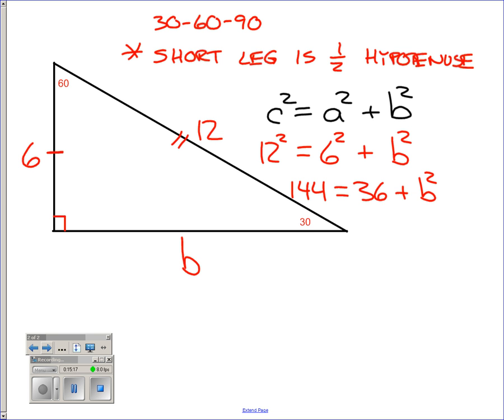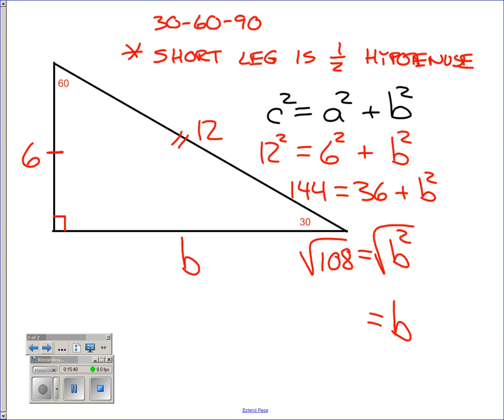Well, I've got to subtract 36 from both sides, and when I do, I get 108 is equal to b squared. And now I need to take the square root of both sides.